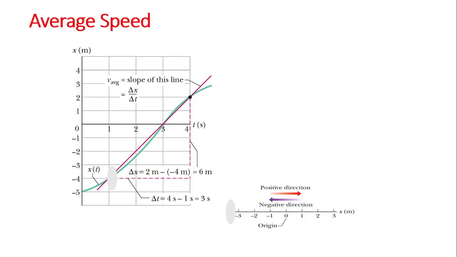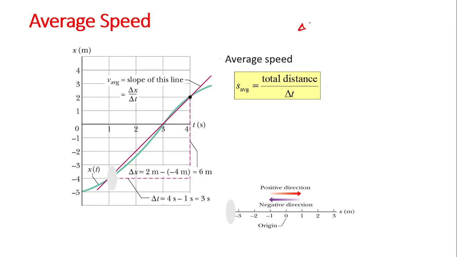Average speed is simply found using the formula which I have highlighted here. S stands for speed, and this one is the total distance. So average speed is equal to total distance over change in time.